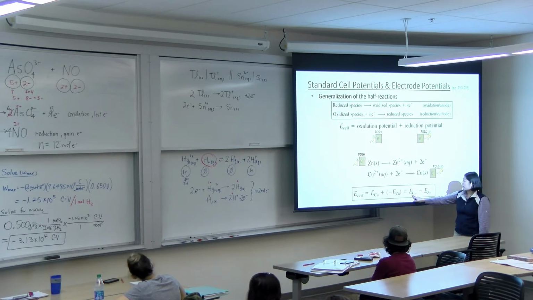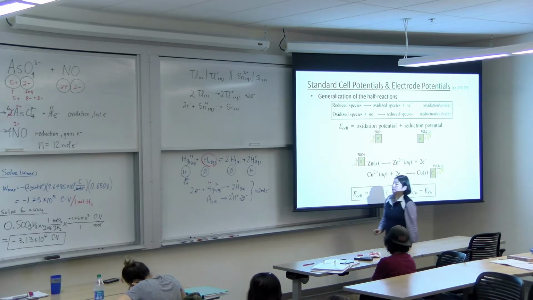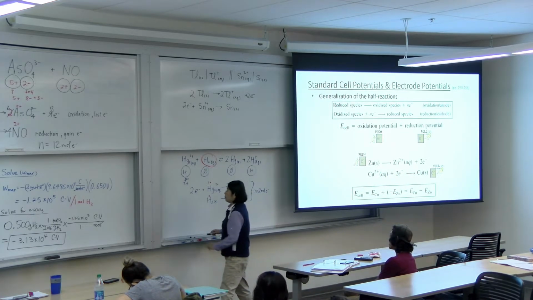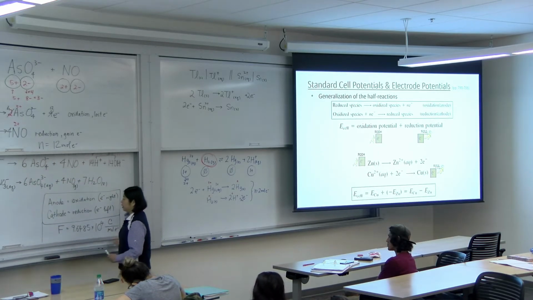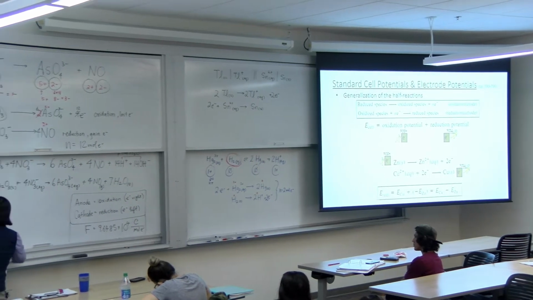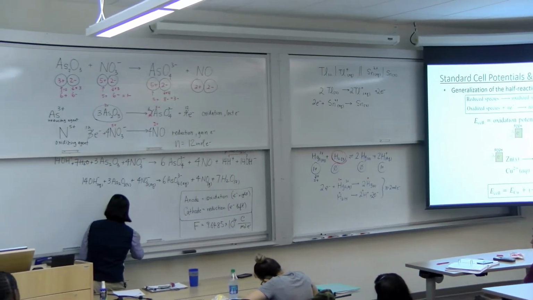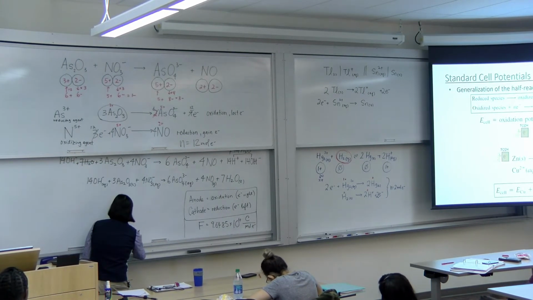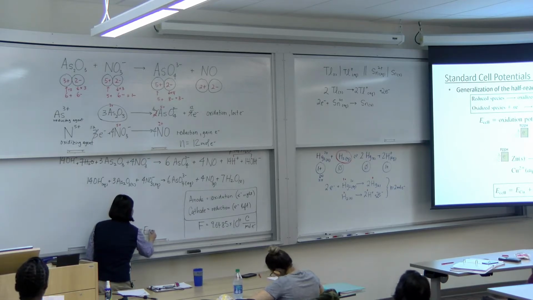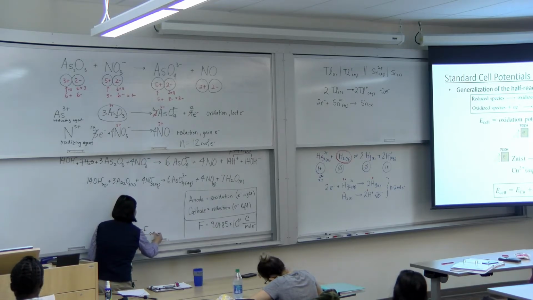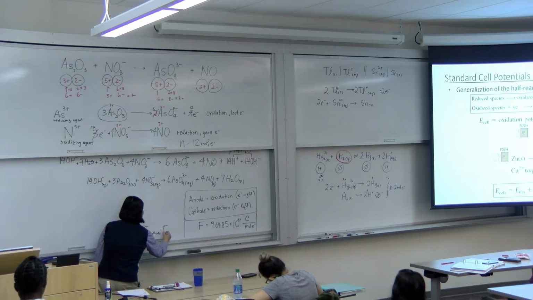It is the cathode. This is the anode. So really, E cell, let's distill it down and add to our situation here. E cell is equal to E of the cathode minus E of the anode.